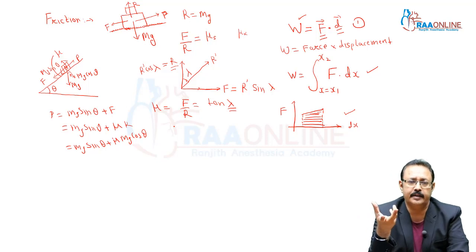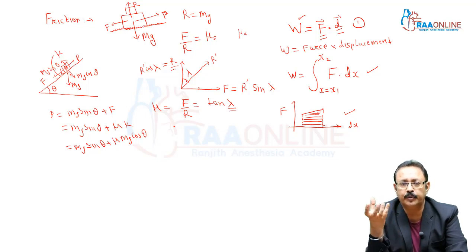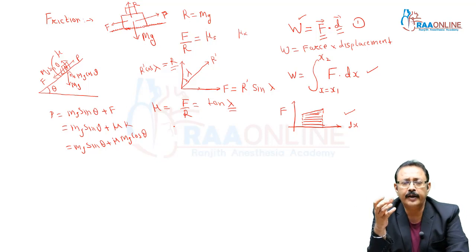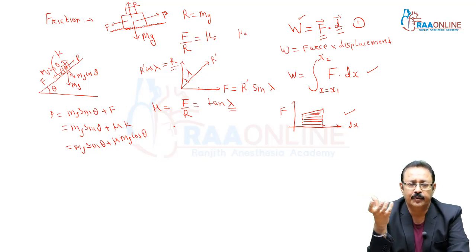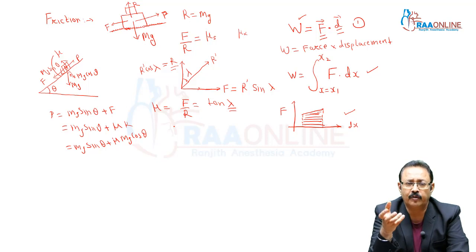But in heat energy, we are using calorie. 1 calorie is equivalent to 4.2 joule. When you are using electrical energy in your house, you are using kilowatt hour. In electricity, sometimes we are using electron volt.